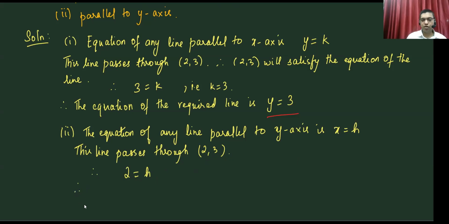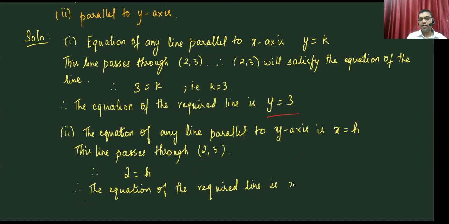H was the unknown. All right. Therefore, the equation of the required line is x equal to 2.